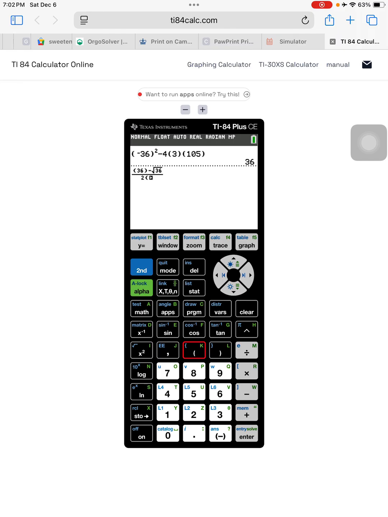Press enter. I got 5 for my first one. I'm going to do this again with the addition part. So I got 5 and 7 as my two solutions.